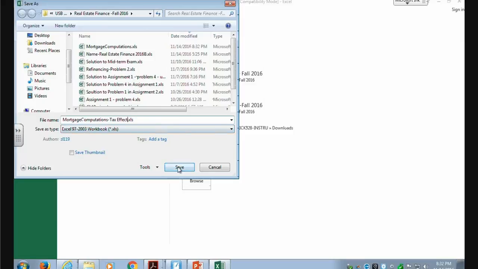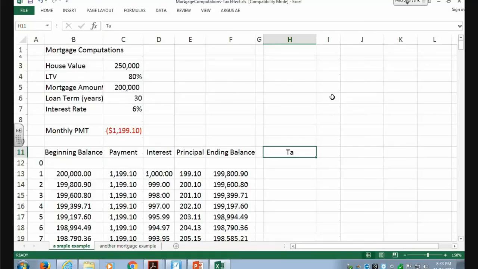So now I use Excel. Can anyone tell me your marginal tax rate? The marginal tax rate is 28%. I just use 28%, right? So now look.